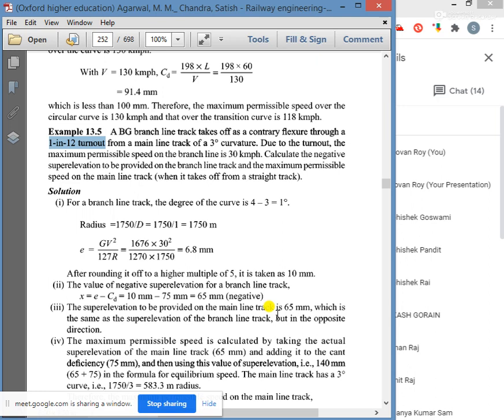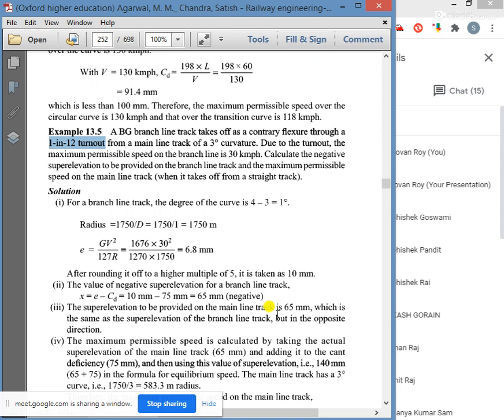But if the superelevation for the branch line is negative, in the case of the main line this value should be positive. Here you can see the 65 mm is the negative superelevation for your branch track.